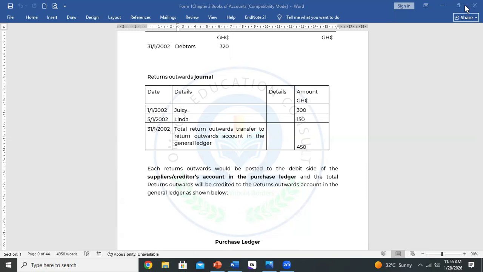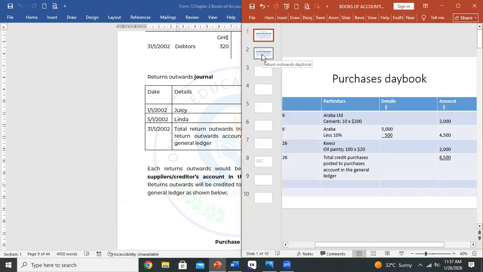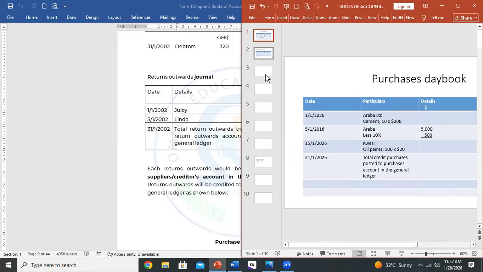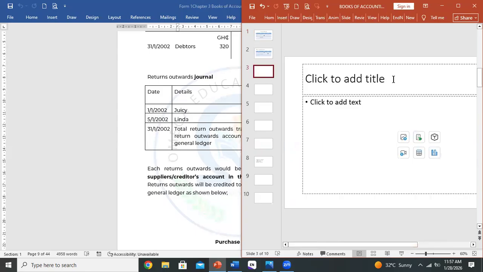So watch out. This question that we just solved, you could have been asked to post to the ledgers. Let me use the pen to illustrate it. For this purchases day book we prepared, these are creditors. So Araba and Kwesi, they are creditors, right? If we are to post to the ledgers, the ledger we need to open will be the purchases ledger.